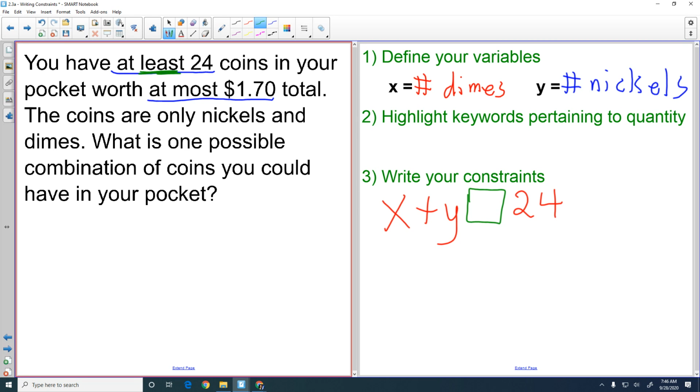So the numbers of dimes and nickels has to be more than the 24. So it's actually going to be a greater than or equal to. It's tricky. It's deceptive. But if you have at least 2 pencils in your pocket, could you have 5 pencils in your pocket? Right? You could have more than that too, but you couldn't have just one.